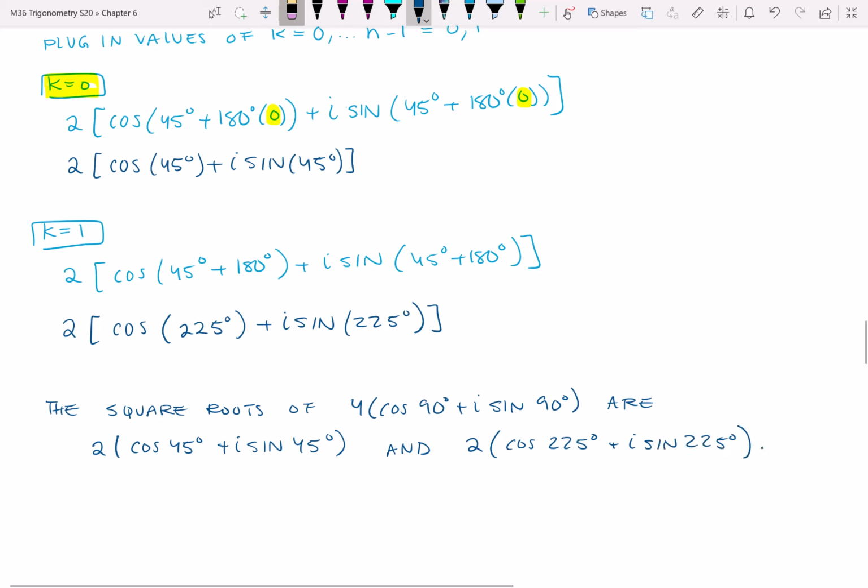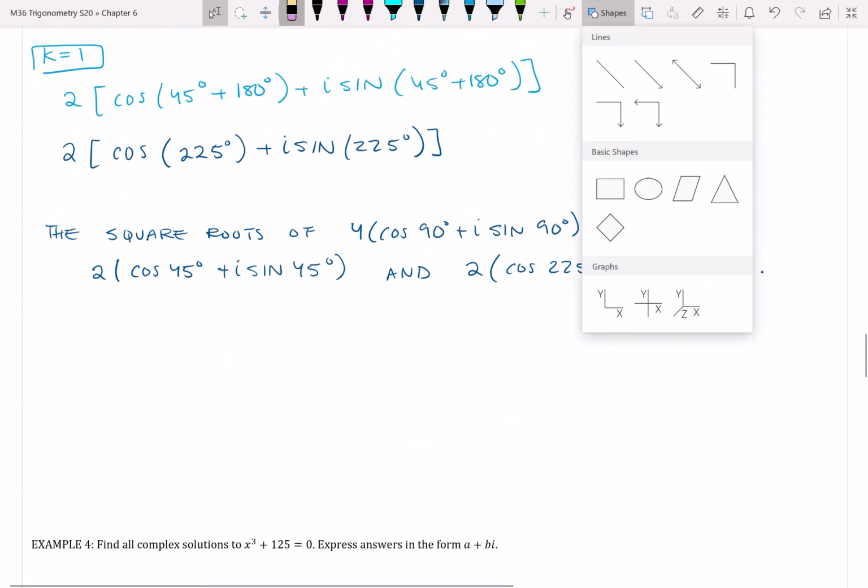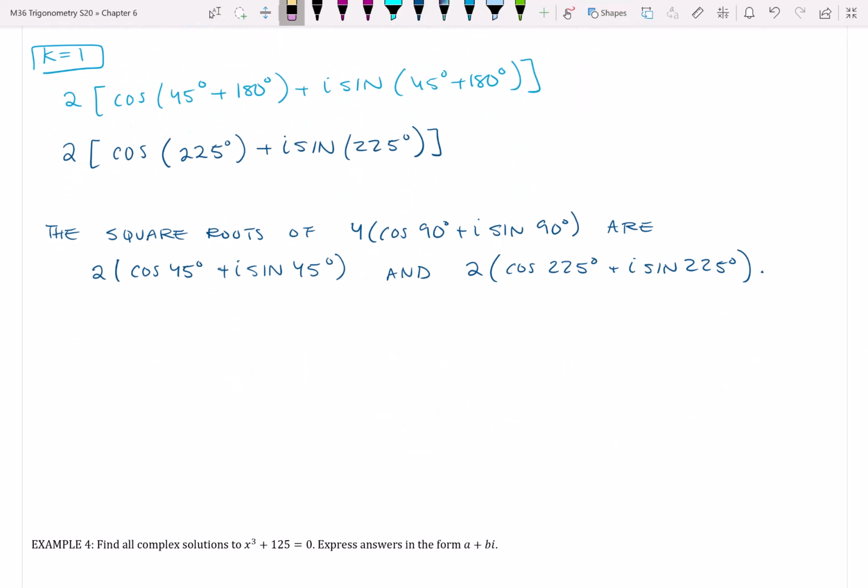So I'm going to graph them just for fun, to show you that when you graph these two square roots, they're going to be equal distance from each other. I'm making it too large. Okay, so here we go. I'm going to call this one A, this one B. My r is 2 and my angle is 45 degrees. Let me go here, 1, 2, 1, 2.